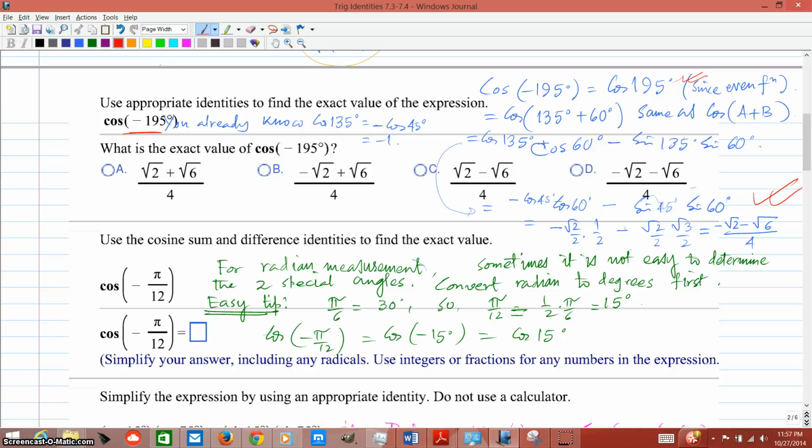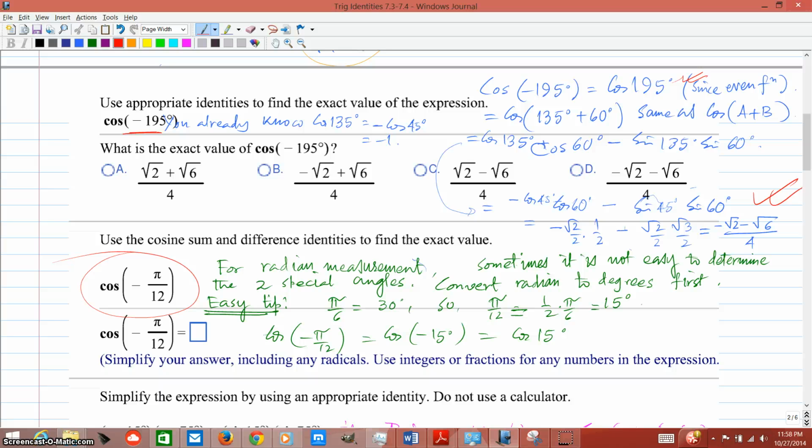Now for cosine of negative pi by 12, this particular problem, it's actually not bad. Sometimes, with the radian measurement, it's not easy to determine which are the two special angles you have to consider, but if you can change that radian measurement into degrees, it's much easier for you to comprehend what are the two special angles you would like to consider.